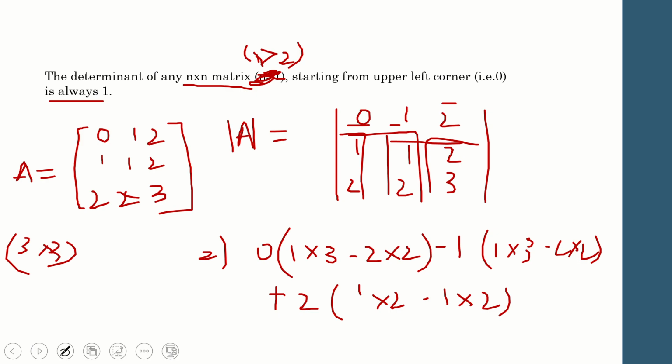If you see, this is multiplied with 0, so it will be coming 0, and this is also 2 minus 0, so left with this one, minus 1 into 3 minus 4, it will give you 1.